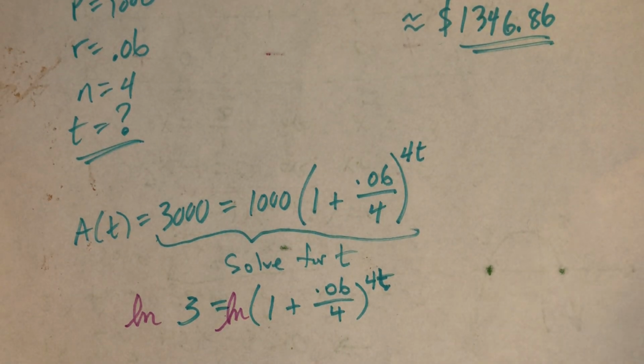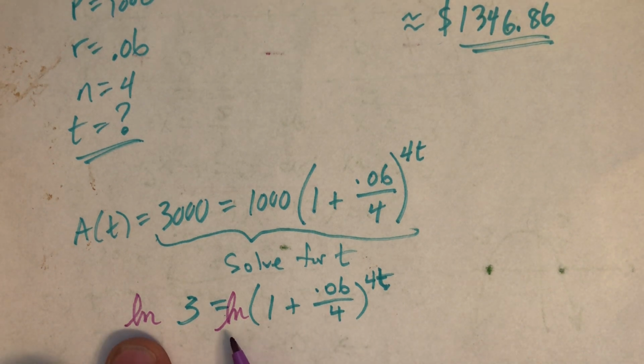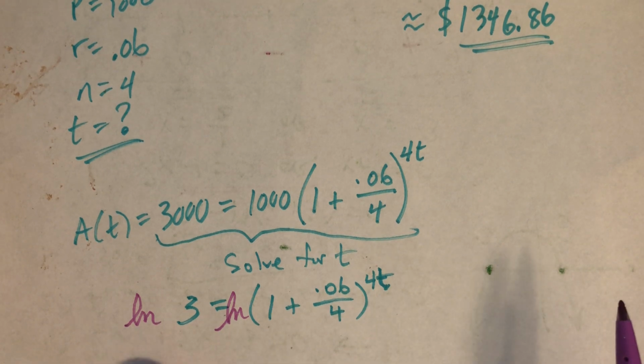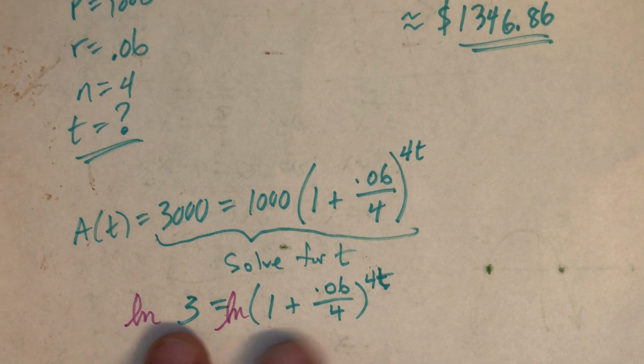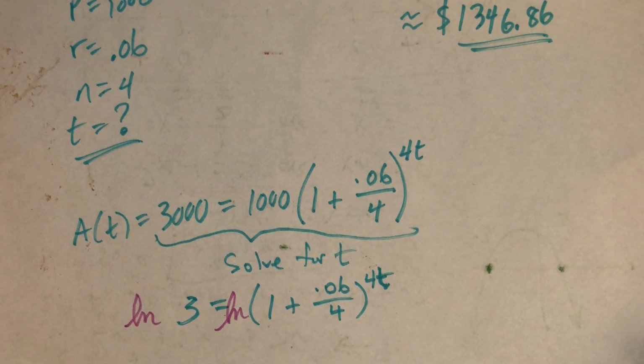Maybe we can reference another video about one-to-oneness to explain this. But this is a legal move, right? We can apply a natural log to both sides. If two things are equal, then so are the natural logs of those things. It's sort of like adding a number to both sides, but it's not exactly the same.